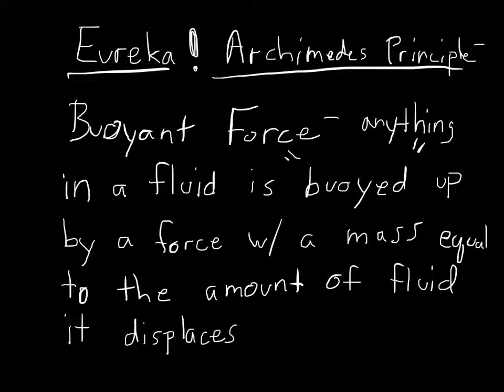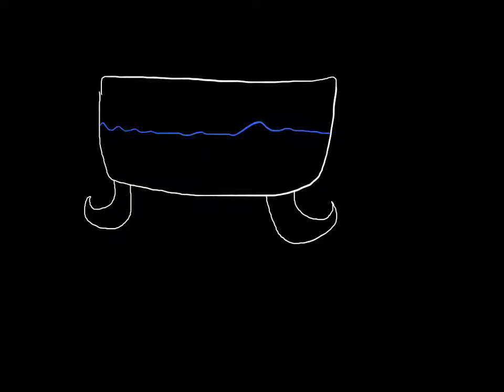So what the heck does that mean? If you've ever taken a bath, so here's our bathtub. We have some nice claw bathtub legs. And we have some water level. Here's my water level. And then something's going to happen.